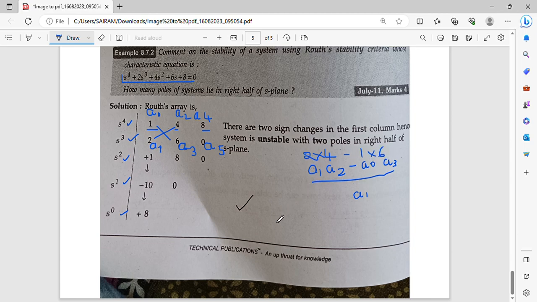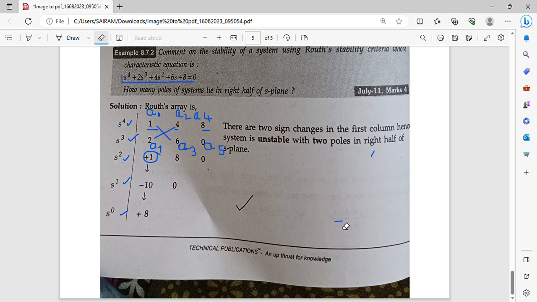So 8 minus 6 is 2. So it is 2 divided by a1, which is 2, and 2 by 2 is equal to 1. Correct? So 1 came.